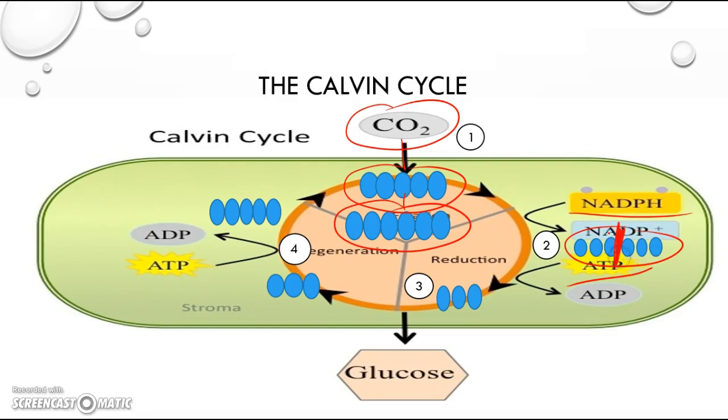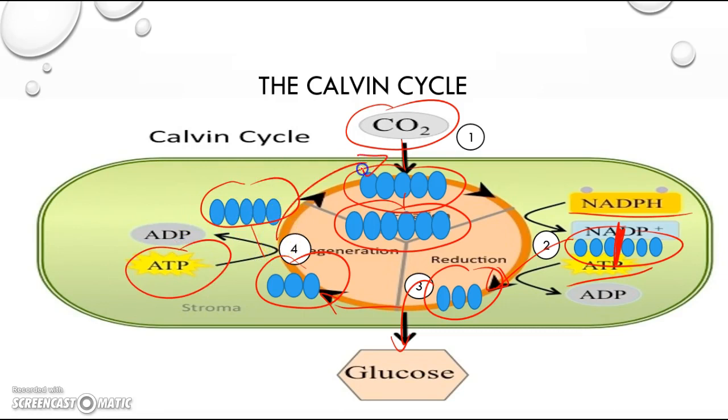Break them up. A 3-carbon chain is released, and a 3-carbon chain is added to make glucose. The 3-carbon chain is recycled after that into a 5-carbon chain with ATP, and it's just recycled back through. And that's how it works.